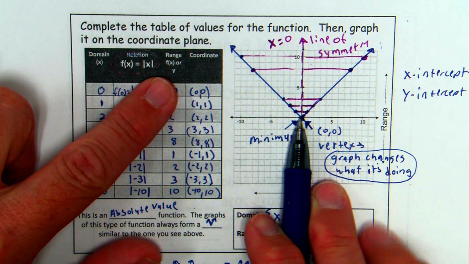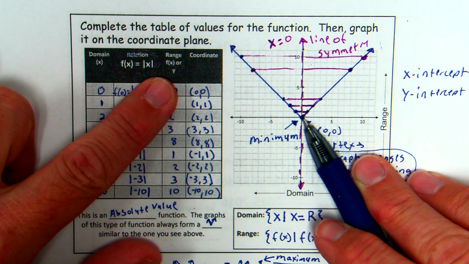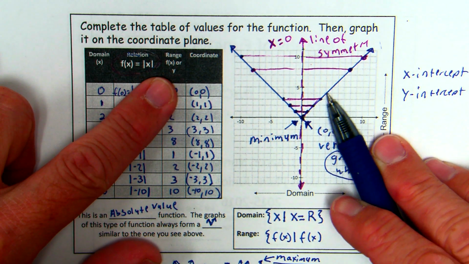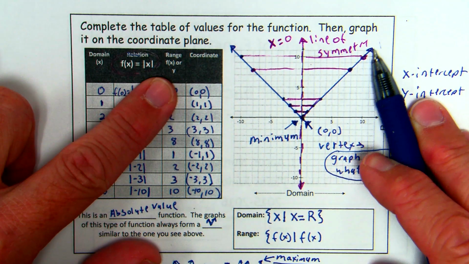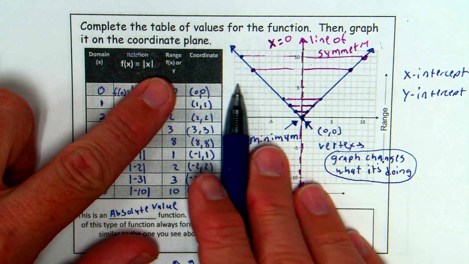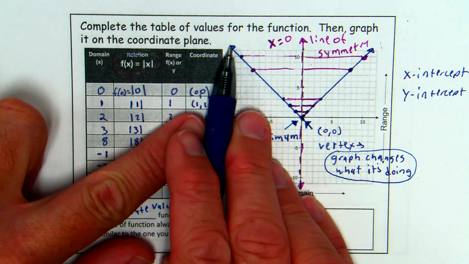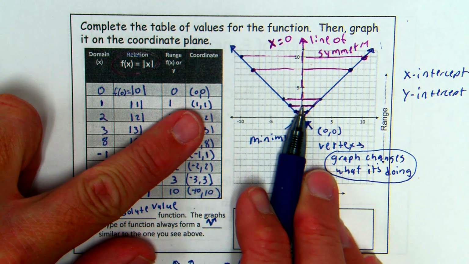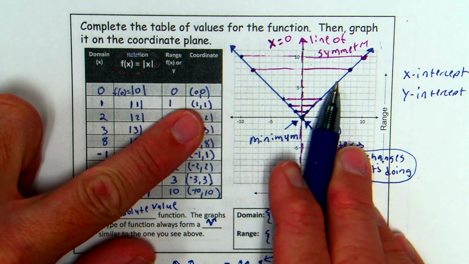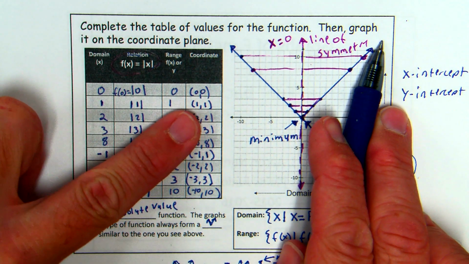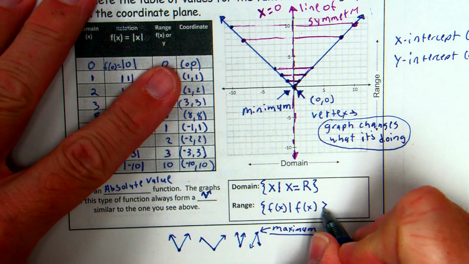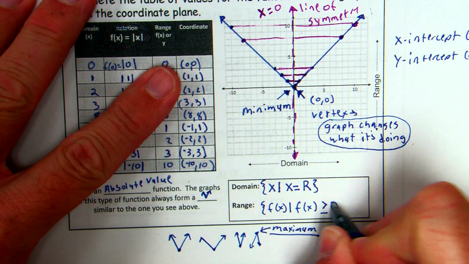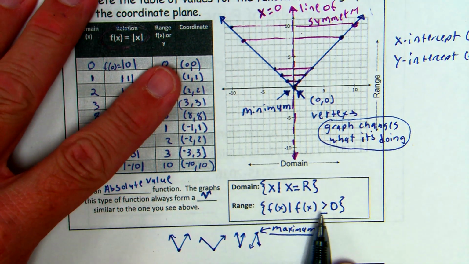Then they reach 0, and as they start going from 0 up in a positive direction, my y values start going back up. I always read my graph from left to right. So it comes from up here in infinity, down to 0, then it turns around and comes back up. Because of that, my range is only those numbers that are greater than or equal to 0.